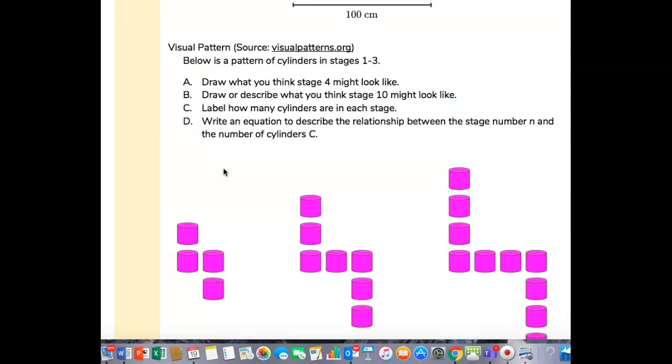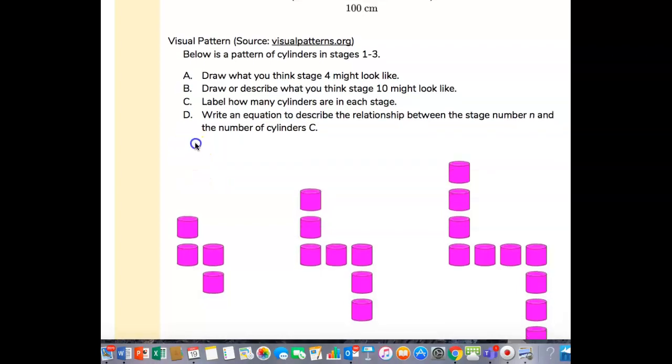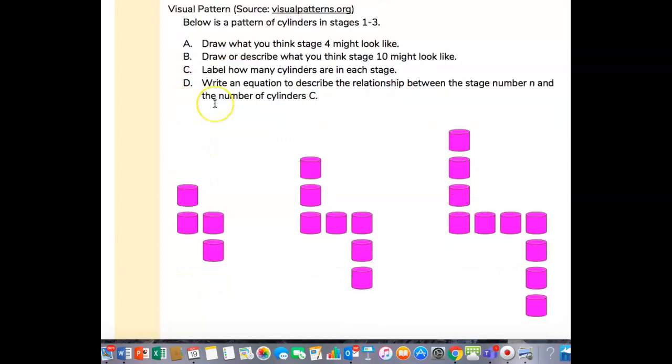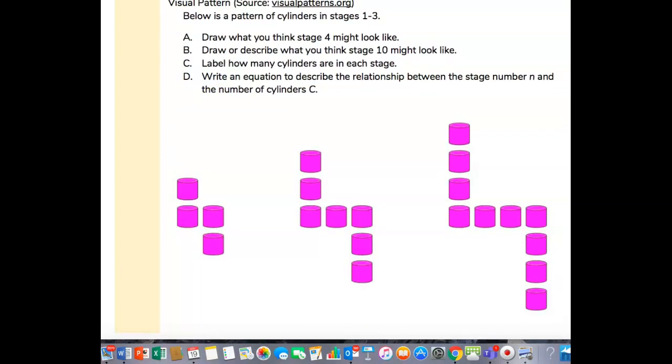All righty, so let's move along here, and it says, below is a pattern of cylinders in stages 1, 2, and 3. Okay, so here's stage 1. Let's move it up a little bit.